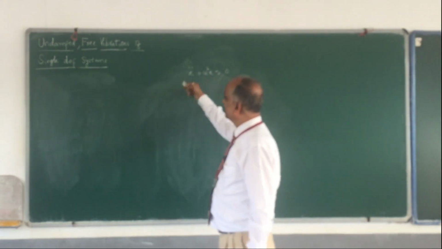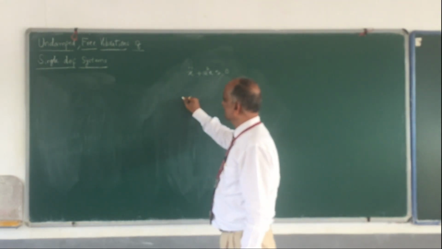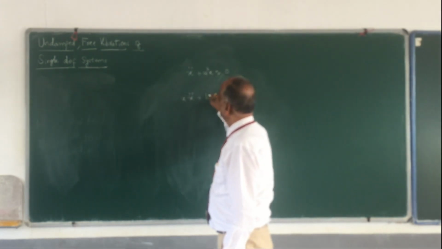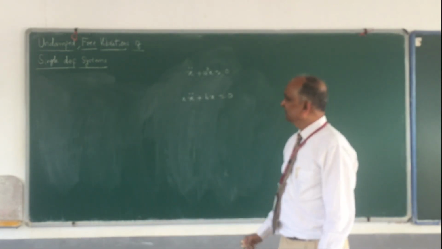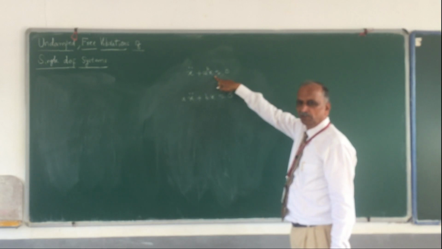Later on when I apply it to a system, I may come across something like a into x double dot plus b into x equal to 0. I want to make this equation look very similar to this.